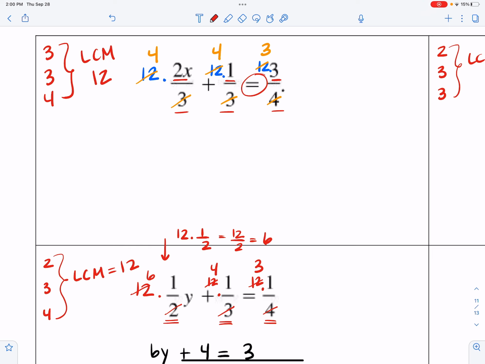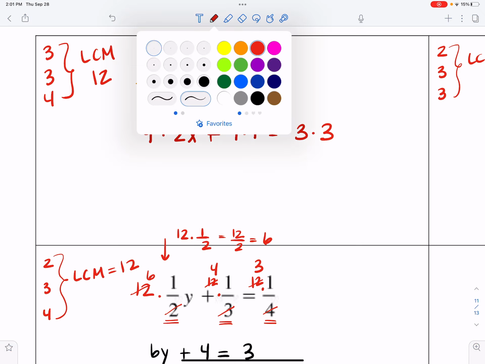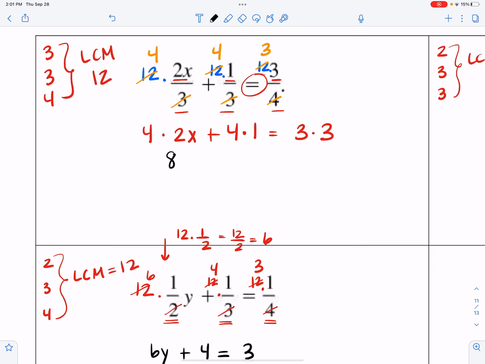So now what you have is a 4 times 2x, but no denominator, a 4 times the 1 that was there, and a 3 times the 3. As you write that out, you're going to see a much simpler equation to solve because there are no more fractions to deal with.